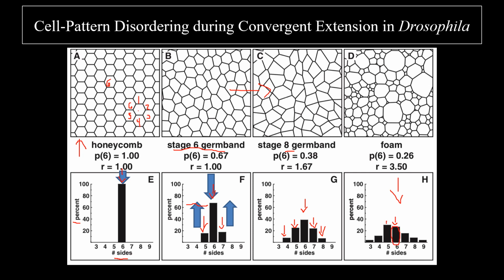Here you have a little bit more pentagons, and even 3 and 9 neighbors. So again, the honeycomb pattern is the most organized, soap foam is more disorganized if we think in terms of numbers of neighbors, and tissues are not so organized or not so disorganized compared to this. However, the movement allows them to be more disorganized in this case.